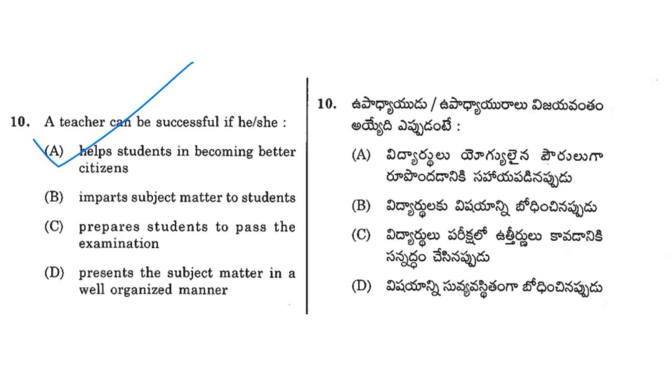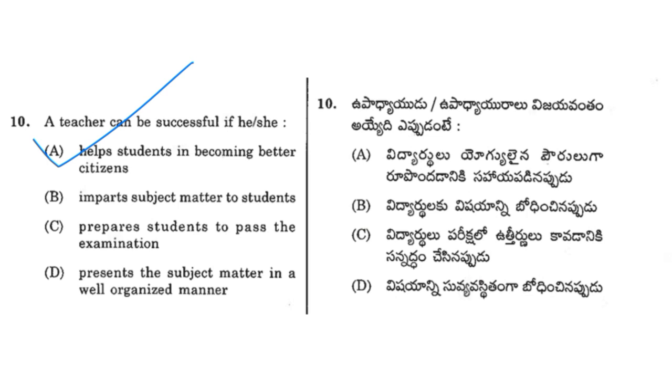A truly successful teacher is one who contributes to the overall development of learners, not just exam preparation or subject delivery. Mainly, education aims at developing responsible, ethical, and capable citizens.